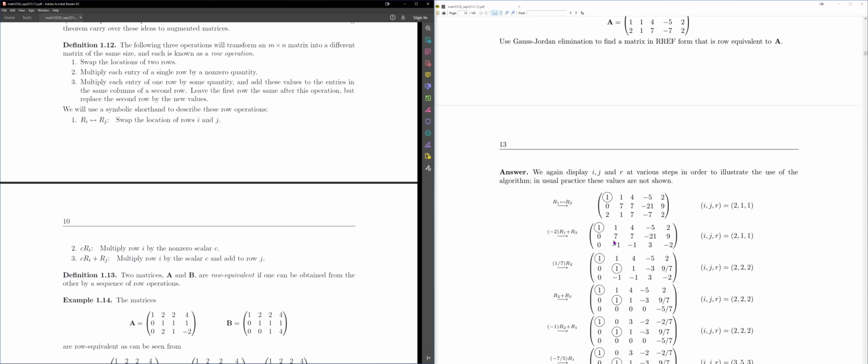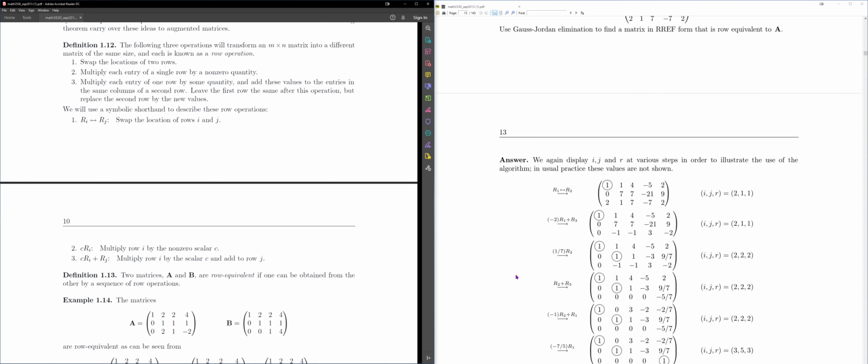Only the second row is changing. Multiplying by 1/7 is the same as dividing by 7. So I'm going to get a 1 here, minus 3 here, and 9/7 over here. That's multiplying this second row by the scalar 1/7, and this is the end result.